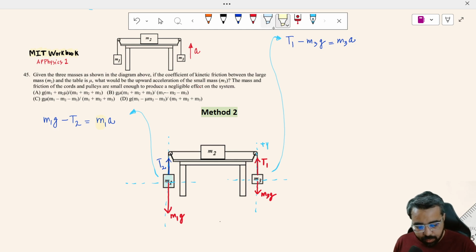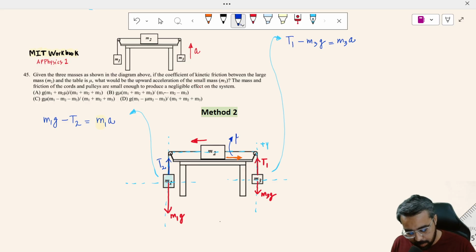Now let's talk about the mass m2. Don't you think the mass m2 is also accelerating? Although it's a negative acceleration because it's accelerating towards the negative x direction, look at the forces applied on m2 horizontally. One force is this one. Dear students, don't forget that this is a frictional force, so it should be mu times the normal force exerted on m2.